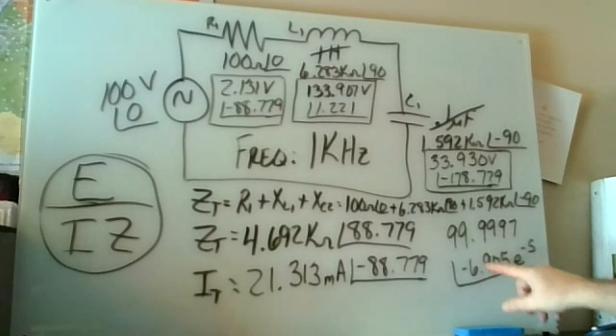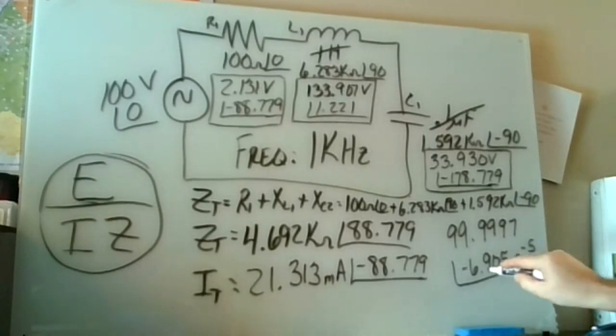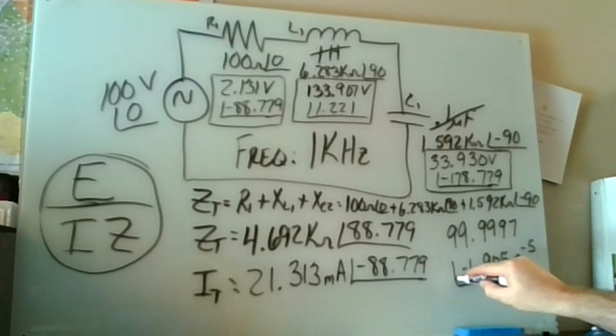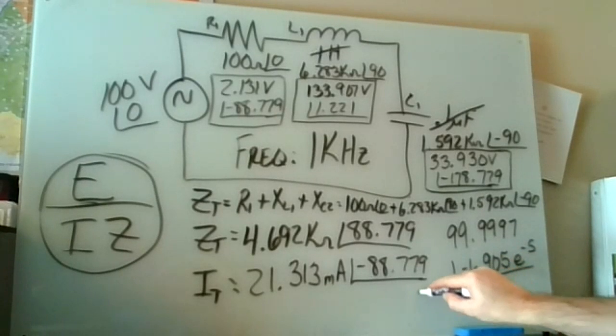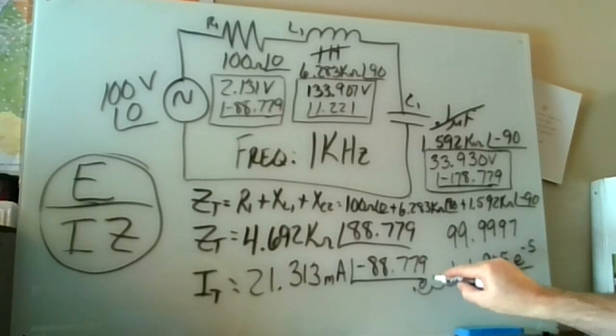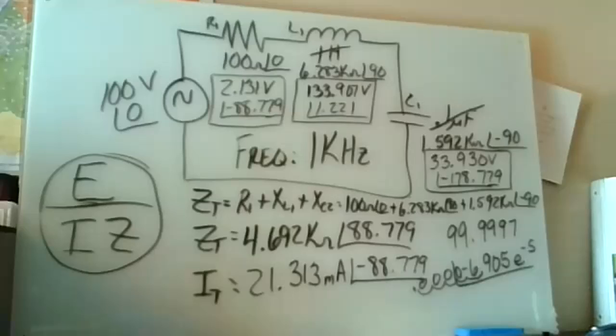Pretty much. If I do my negative 5, it means I need to move my decimal point 1, 2, 3, 4, 5, put it here, 1, 2, 3. Isn't that pretty much 0? Yeah. So the angles make a difference.